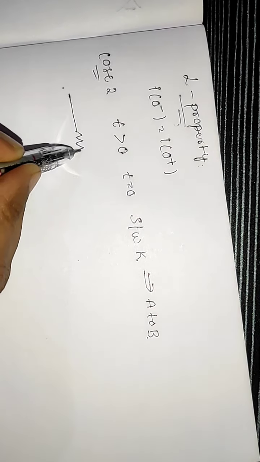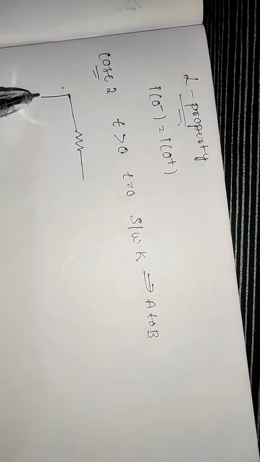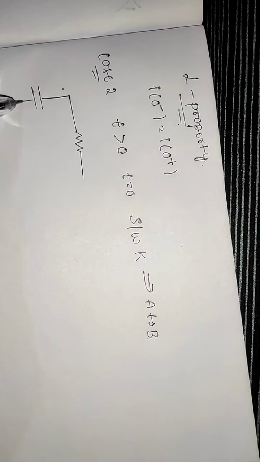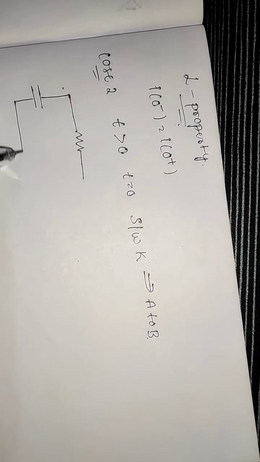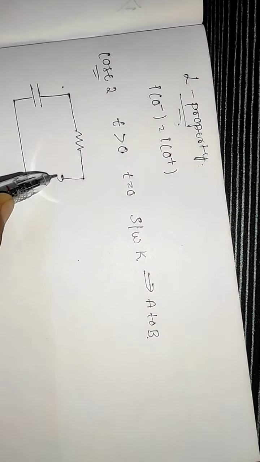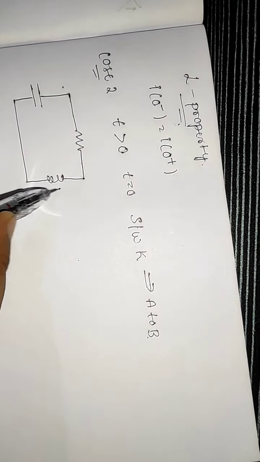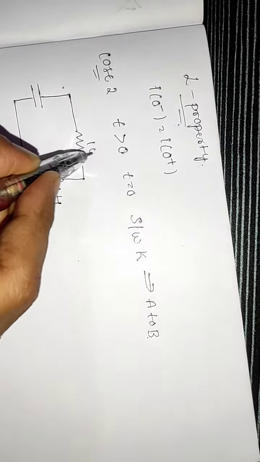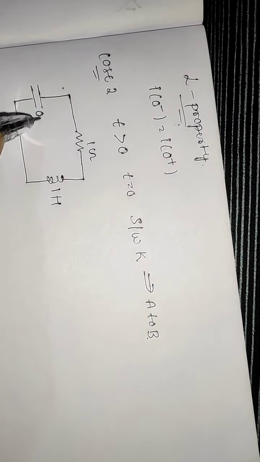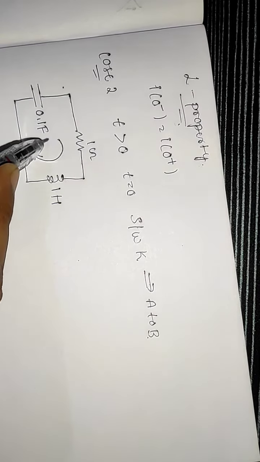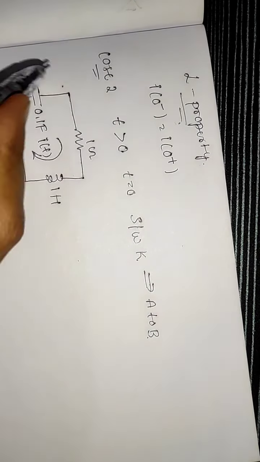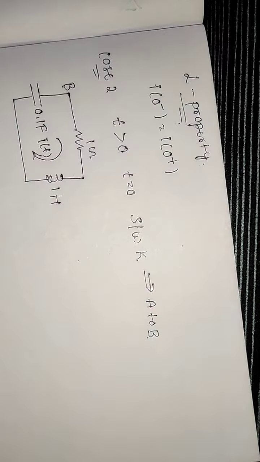So what you get: the resistor, the voltage source goes, and the capacitor comes into the circuit. So 1 Henry, 1 ohm, and capacitor 0.1 farad. The loop current we can take as I of t. This is position B.